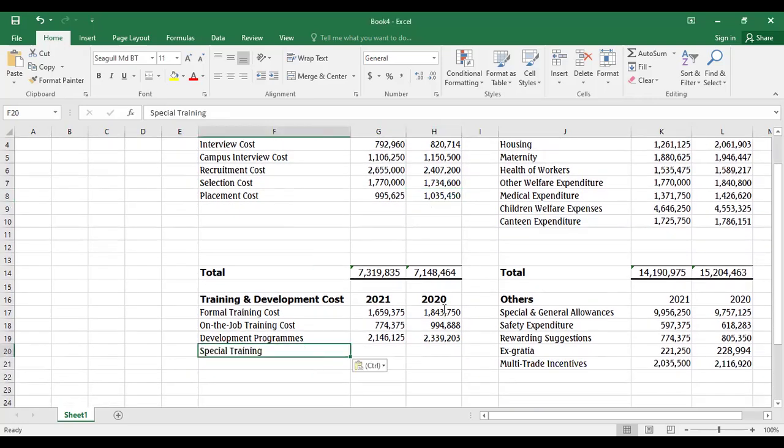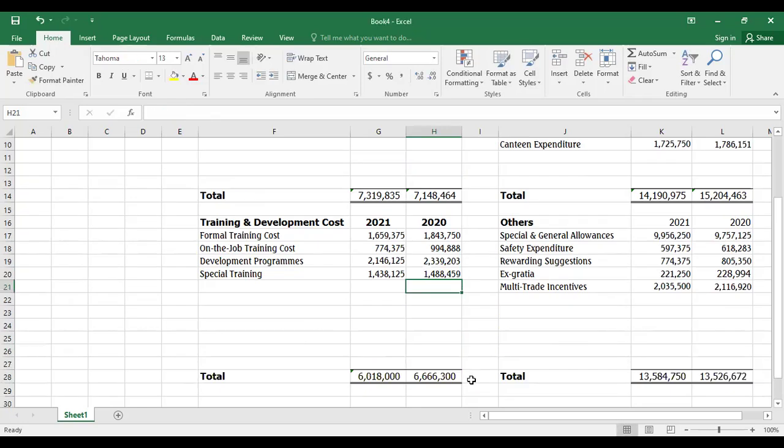Development cost, special training. 1438. 1488. Oh, it's 1488. Oops. Not properly copied. 1488, 579. That's the beauty of Excel.